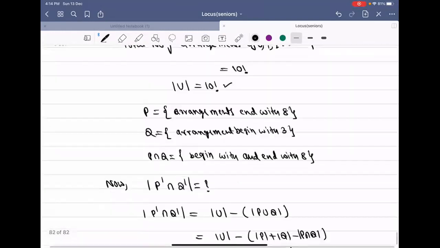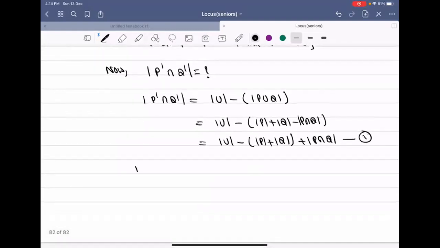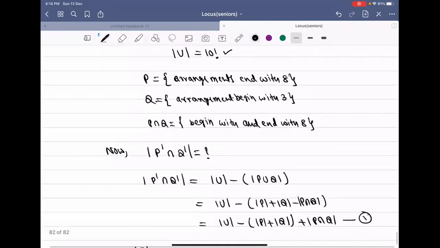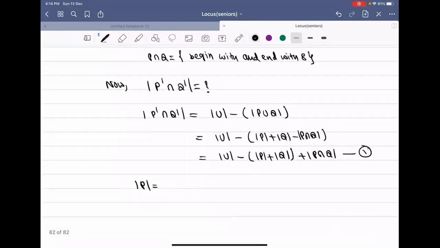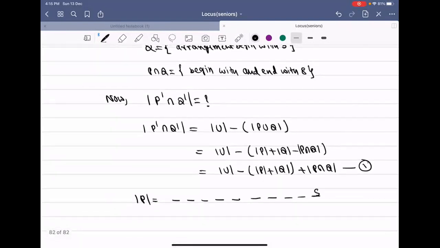Now we calculate the arrangements that end with 8, the number of elements in P. The total number of digits is 10, 0 to 9. End with 8 means 8 is fixed.